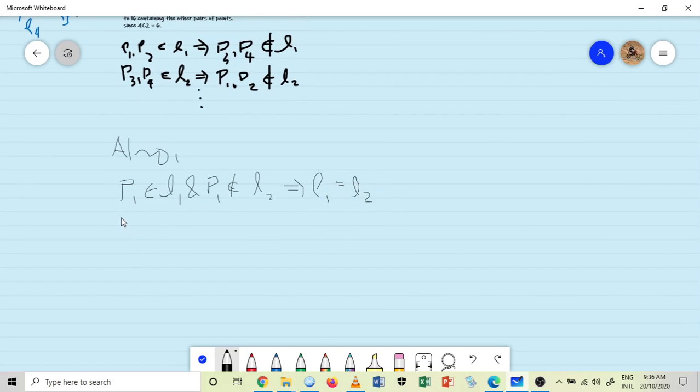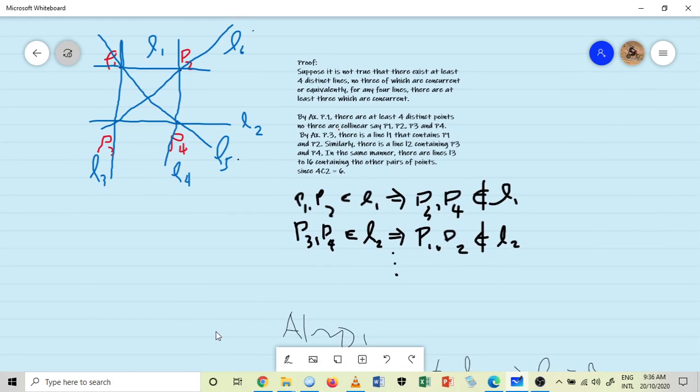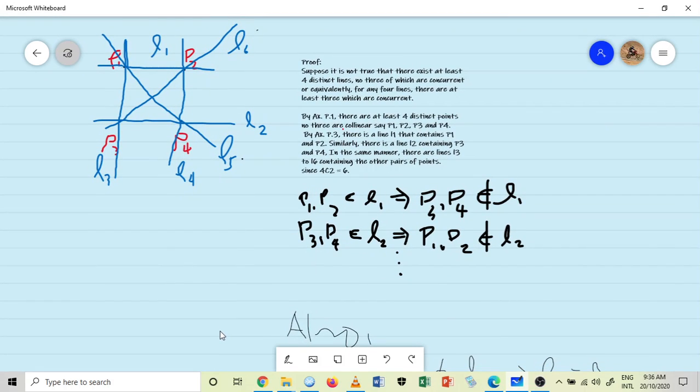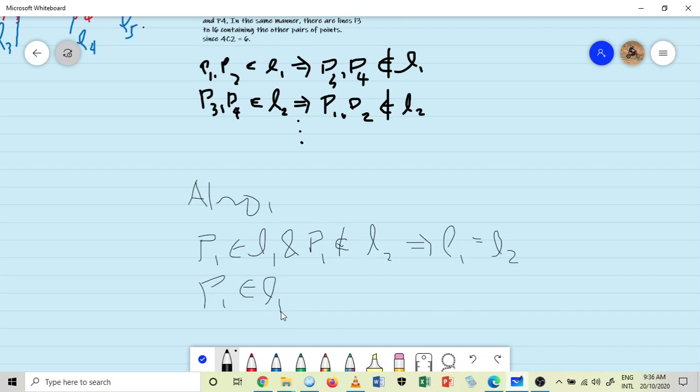Also, P1 is contained in L1, but it is not in L4, which means that L1 is different from L4.